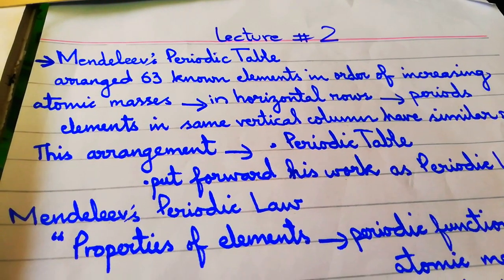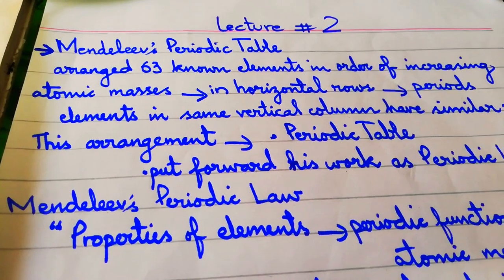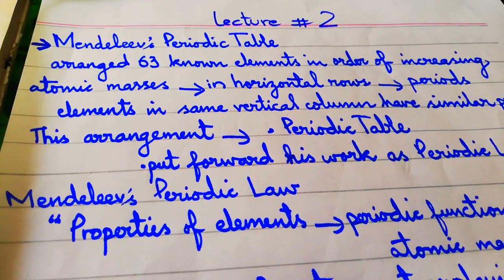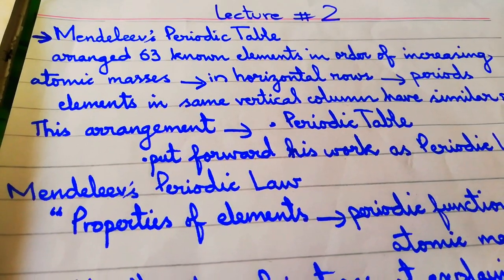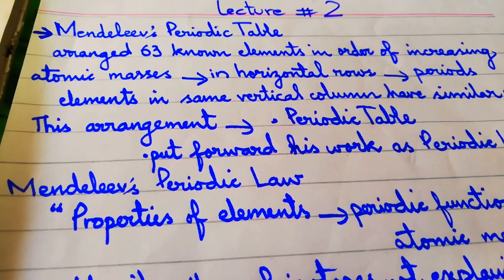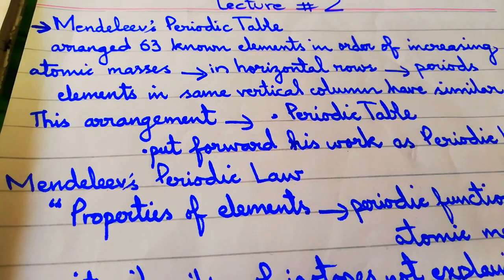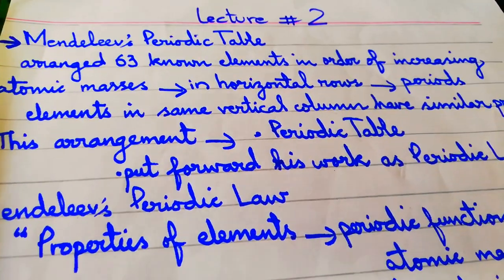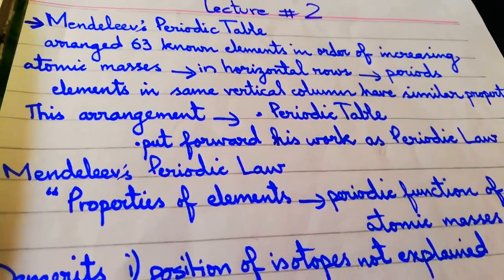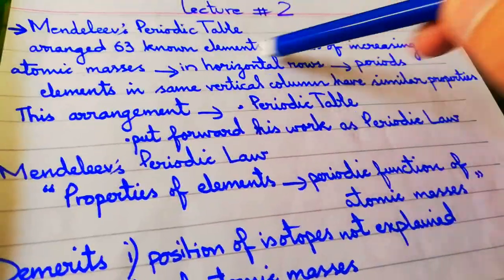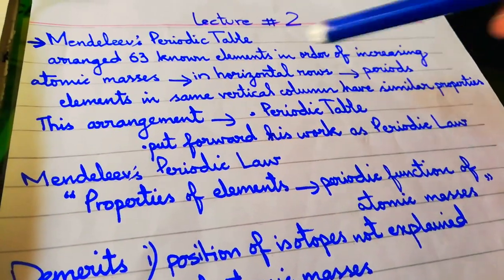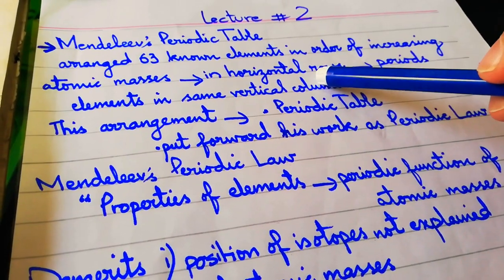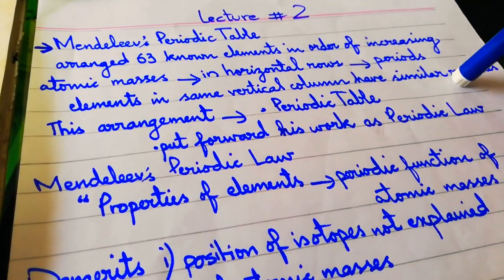Mendeleev also arranged the elements in the increasing order of the atomic masses. When Mendeleev arranged the elements, at that time only 63 elements were known, and he arranged them in horizontal rows. Horizontal means when we arrange something in this form, and he gave the name periods to those rows.